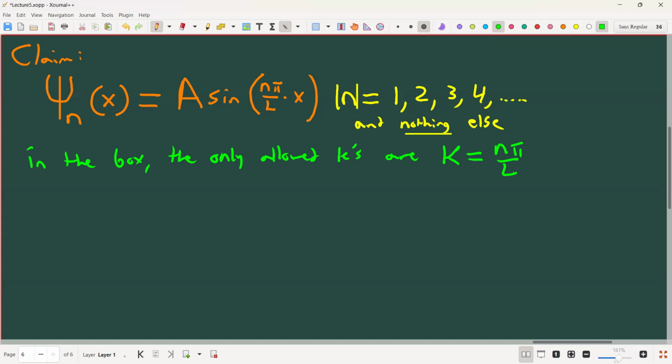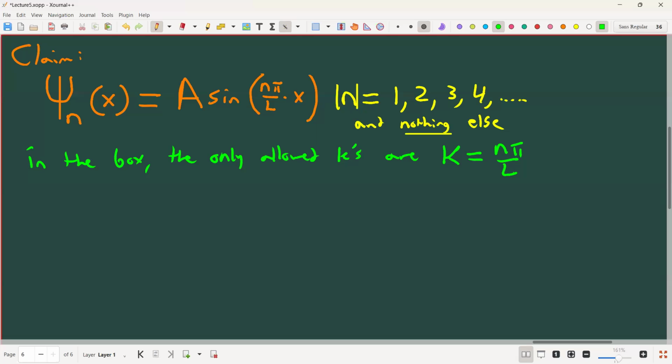We can't take any value we want, meaning that if we have a box of length L, and imagine we were throwing particles into it with some momentum, like LeBron James throwing little alley-oops into this box, this is saying that only specific trajectories or momenta will be trapped in there. If he throws it in where the momentum is some multiple of pi over L, then they get trapped in that box and reflect back and forth forever.